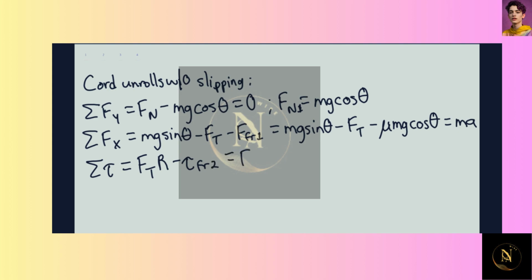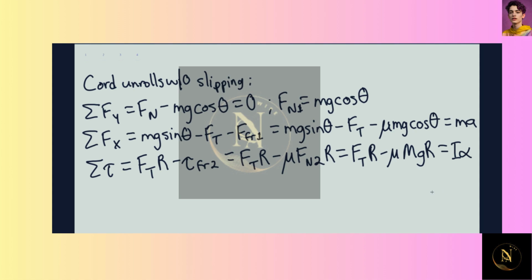This would equal force tension sub R minus the coefficient of friction times F of n sub 2 times R. This would equal force tension sub R minus mu mgr, and this is going to be equal to the moment of inertia times the angular acceleration.